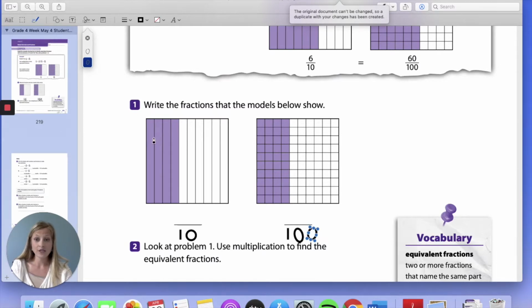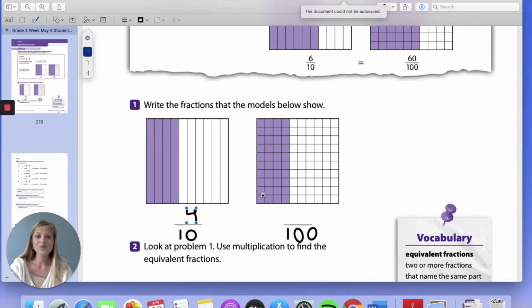So let's go ahead and count. Here we go for the first one. 1/10, 2/10, 3/10, 4/10. So I know that this first model represents 4/10. Now, when I look over at this model, it looks very similar, except that this is partitioned into hundredths. So each of these rods is worth 10. So when I count, I'm going to count by 10.